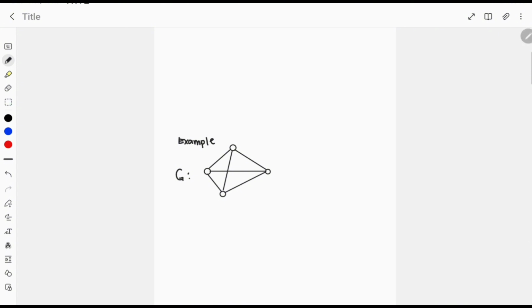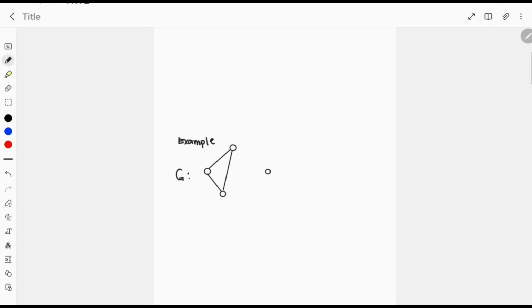Okay, so here the minimum degree of the graph G is 3, because it's a complete graph for vertices. So we have n minus 1, so the number of edges in each vertex is 4 minus 1, which is 3. Okay, so if we remove just 2 edges, then it will not be disconnected, but if we remove this one, it's disconnected.